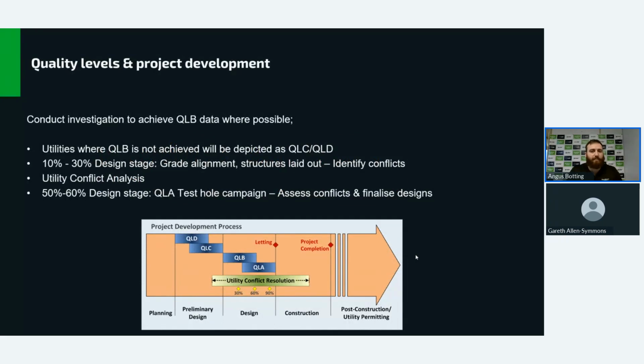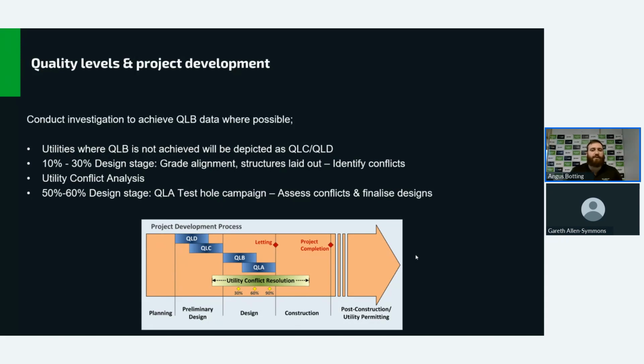So here's a table of when is the best time. We have the different quality levels there, D to A. If you're at the preliminary design phase, that's when you're doing your base maps. Quality level D, quality level C. A lot of these in BC are done in-house by engineering firms. And then quality level B is when they start contracting locators.